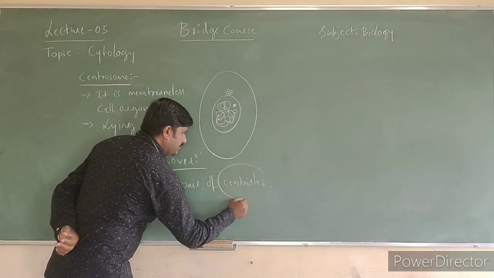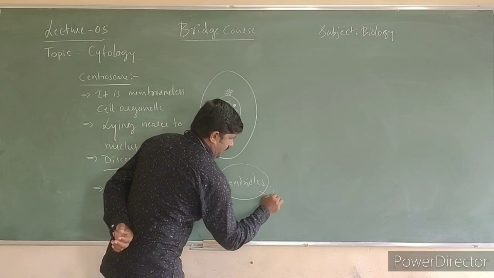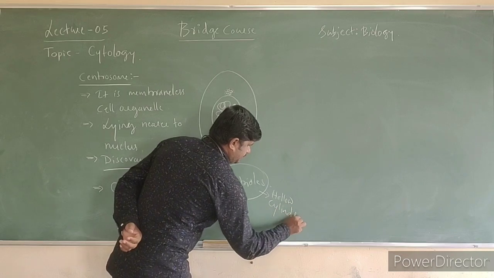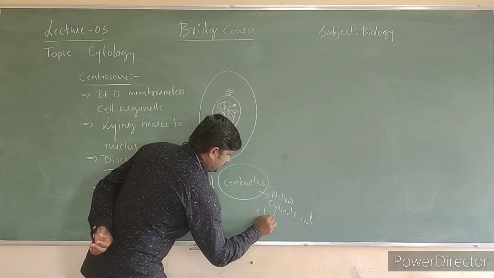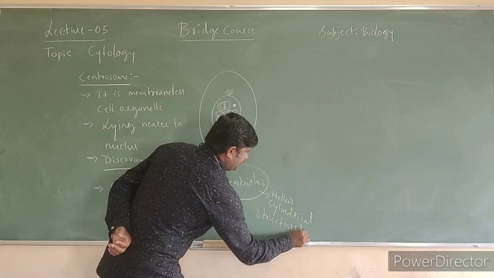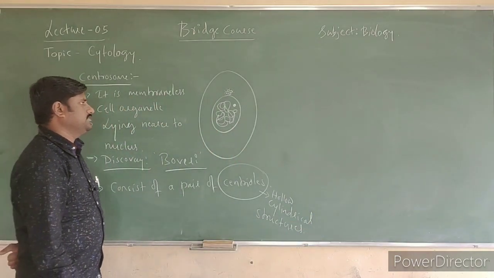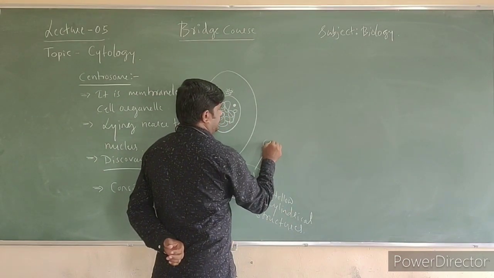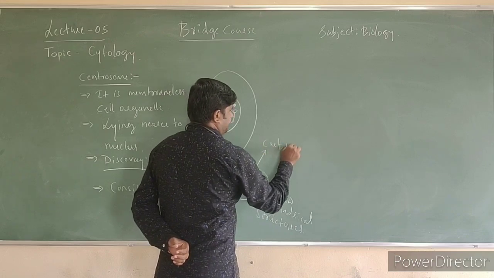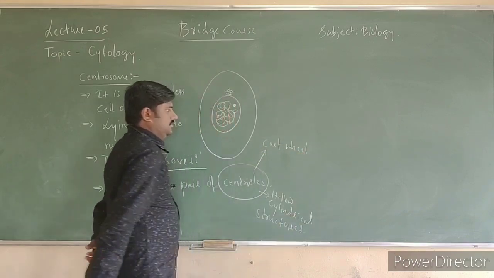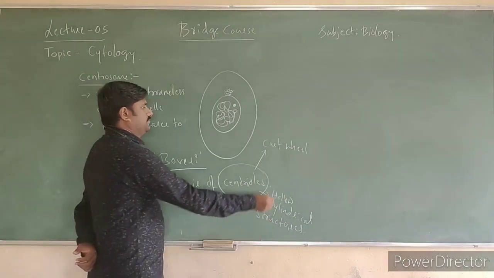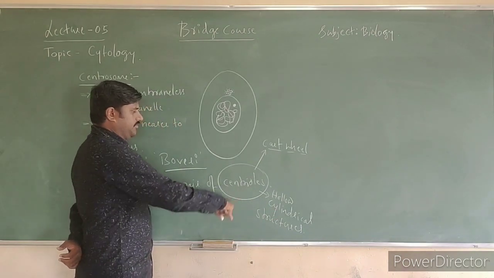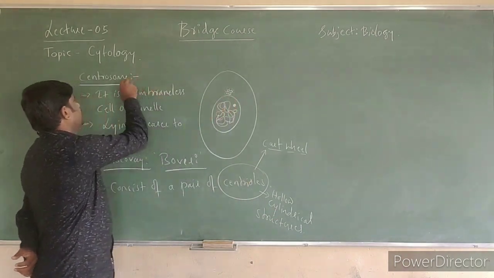So these centrioles are hollow cylindrical structures, as you are assuming. They look to be as cartwheel. So that kind of a pair of hollow cylindrical structures called as centrioles together form this centrosome.